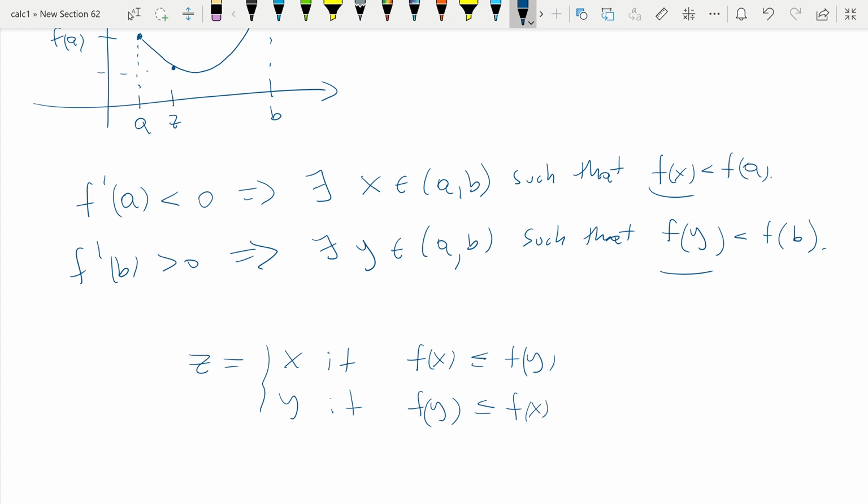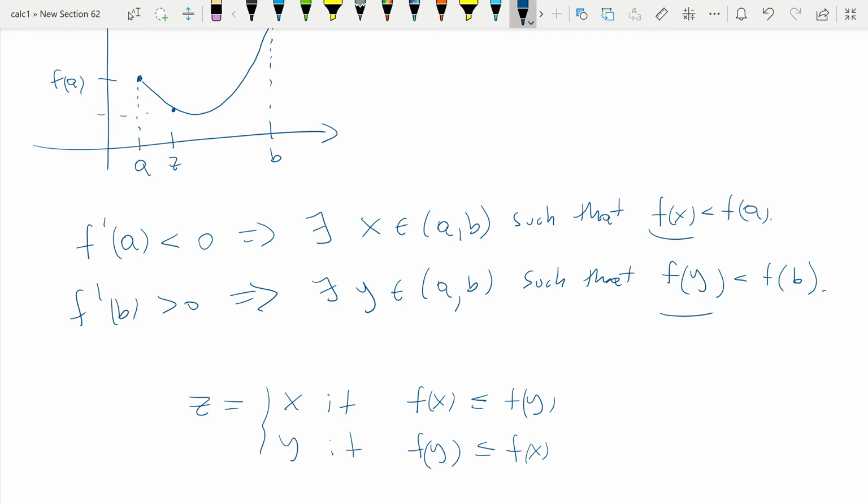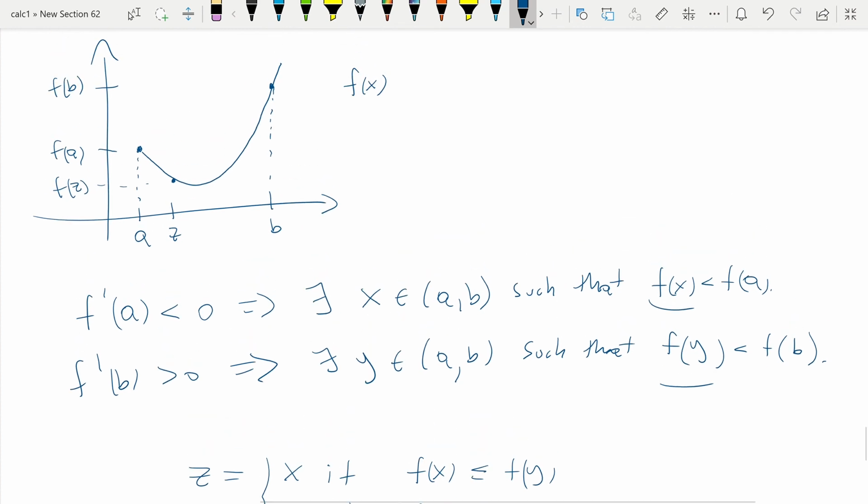Okay, so this point z divides the interval into 2.